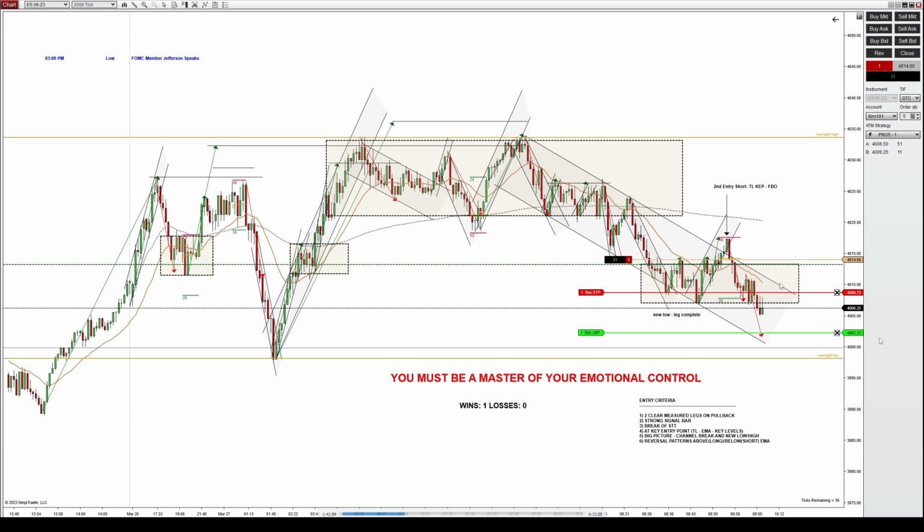If I was going for a bigger opportunity though, right here I should have kept my stop until there was another two-legged pullback or a big pivot. This is not a big pivot, because if I draw a line through here, it has to break that and then pivot down before it's a real pivot.